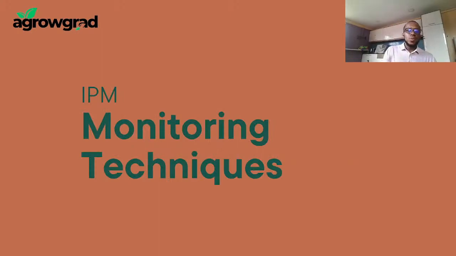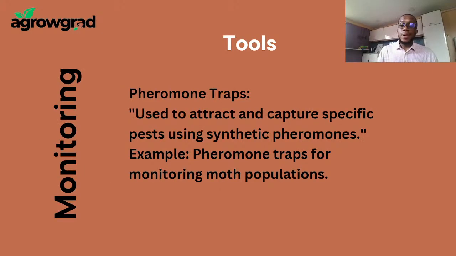All right, so now we'll move on to monitoring techniques. As you said earlier, monitoring is focusing on data collection and using that data to improve the outcomes of your farm with respect to pests. For this, pheromone traps are great because they give you a high level understanding of how many moths, insects or pests are around your farm.